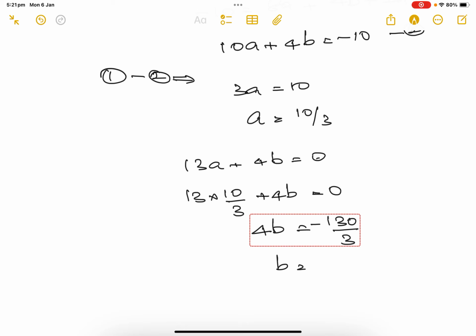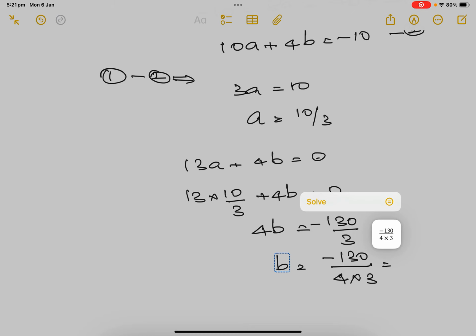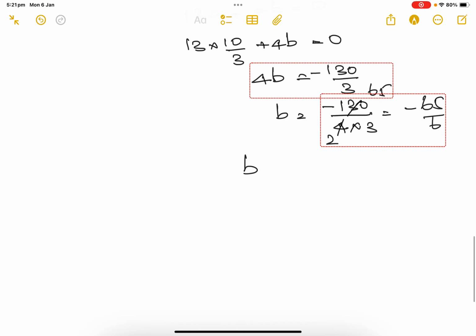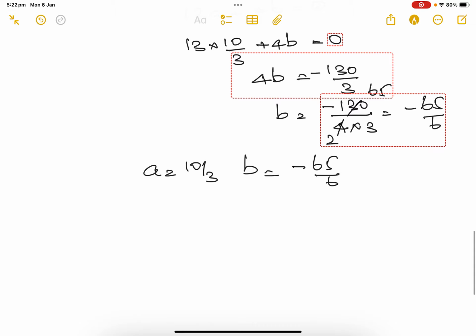So b equals minus 130 divided by 4 times 3. Cancelling the common factor of 2, that's 65, so it will be minus 65 divided by 6. So b equals minus 65 over 6, and a equals 10 over 3.